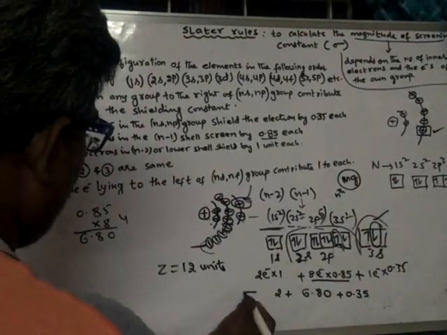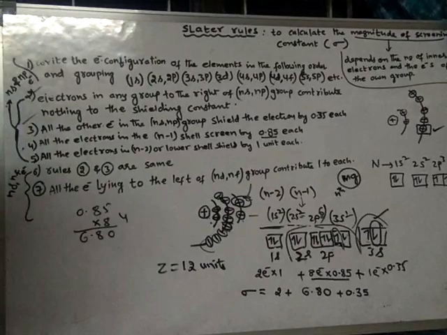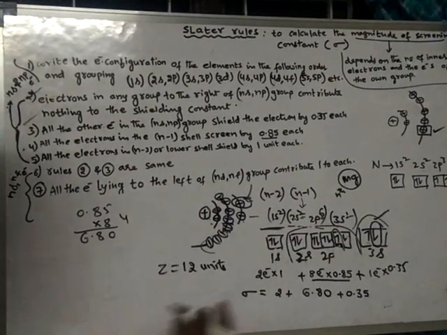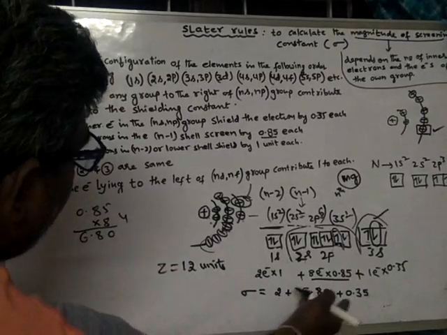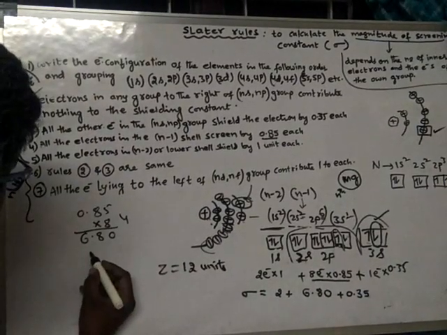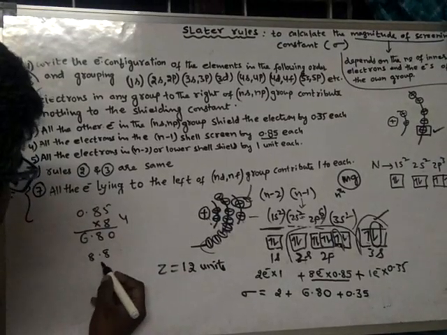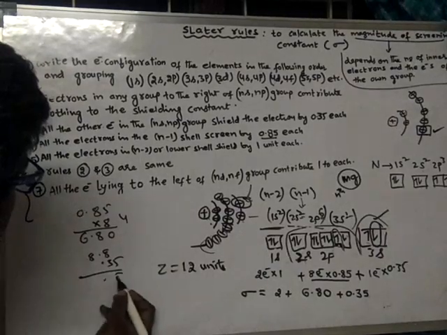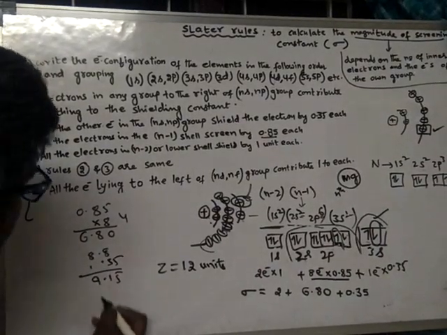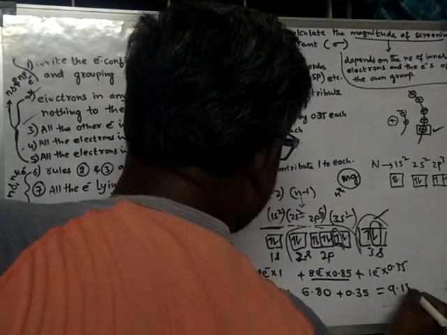Now if you add the screening effect shown by each and every electron, finally you will get the screening constant sigma. How much will it be? 2 plus 6.8 is 8.8, plus 0.35. It will be altogether 9.15.